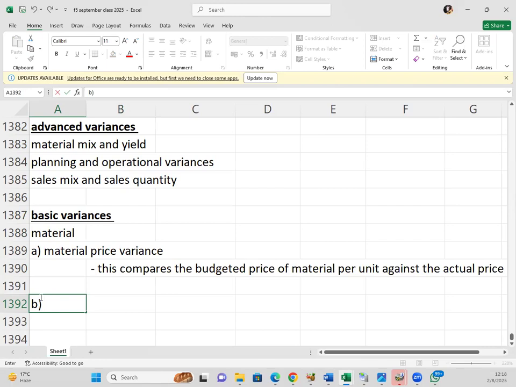The formula for the material price variance is the standard price minus the actual price, times the actual quantity.